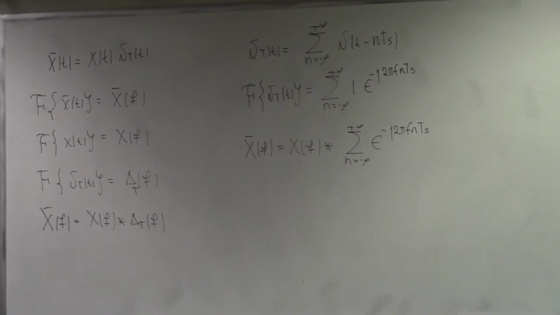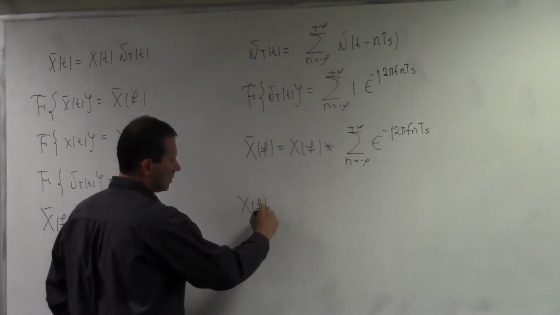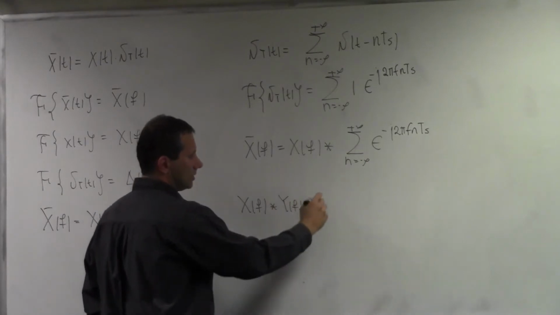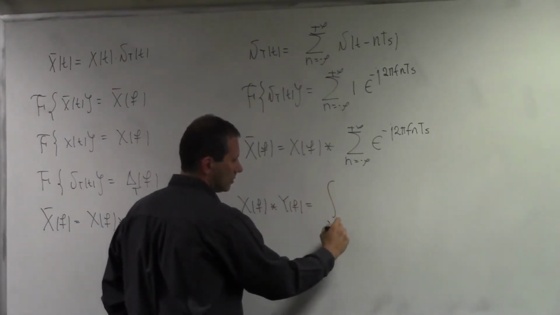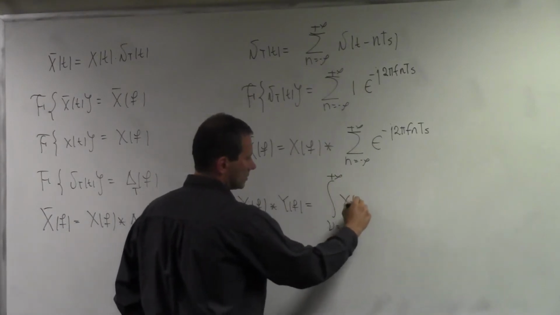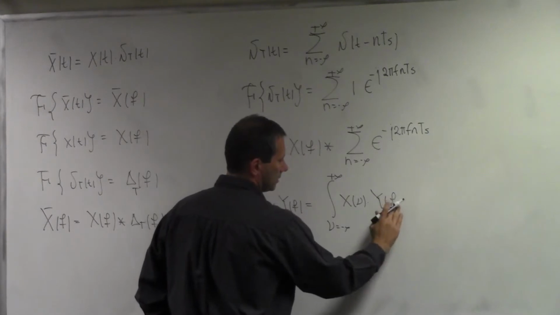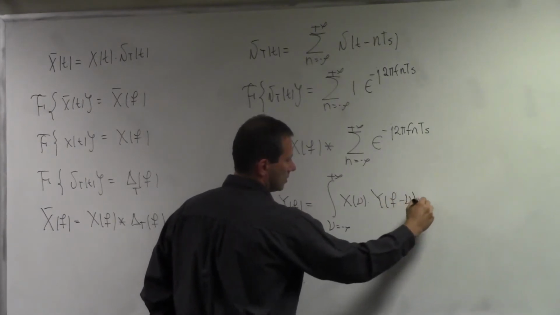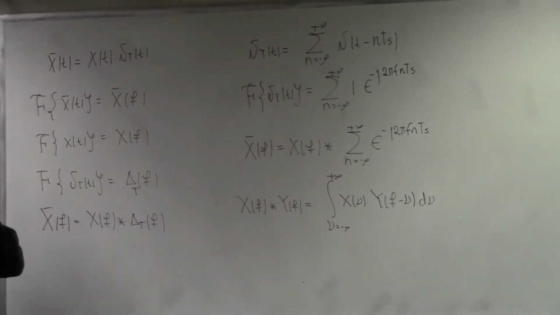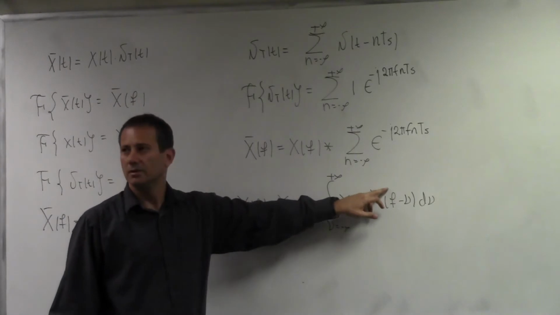Let's refresh memory: X of f convolved with Y of f is given by the integral, when nu goes from minus infinity to plus infinity, of X of nu times Y of f minus nu d nu, right? That's how I would calculate it. Is there a complex conjugate here? Do you remember?